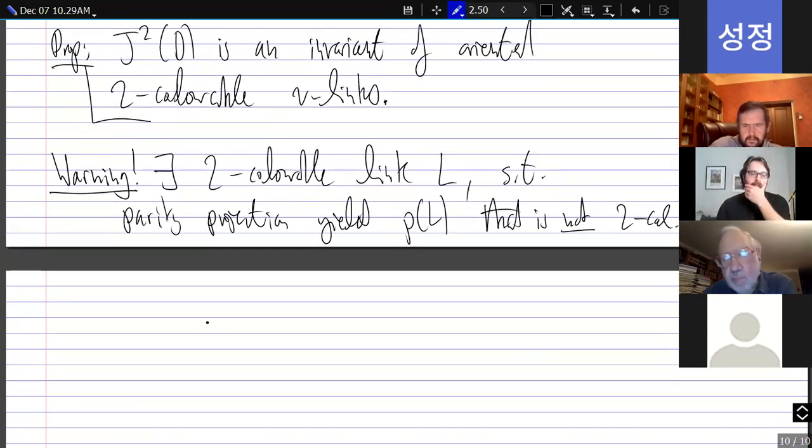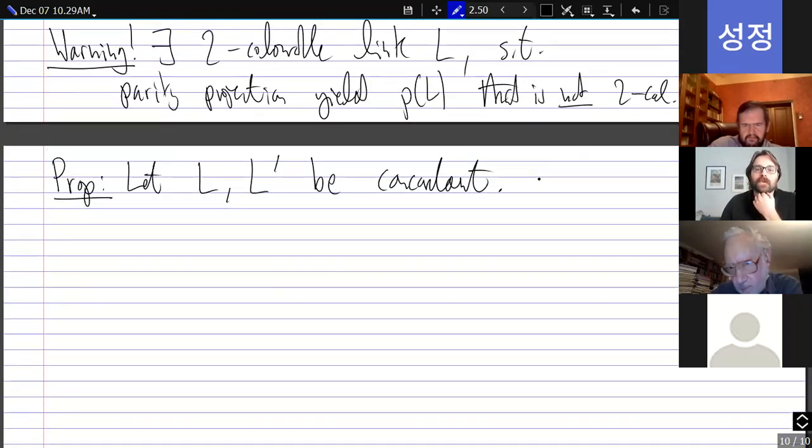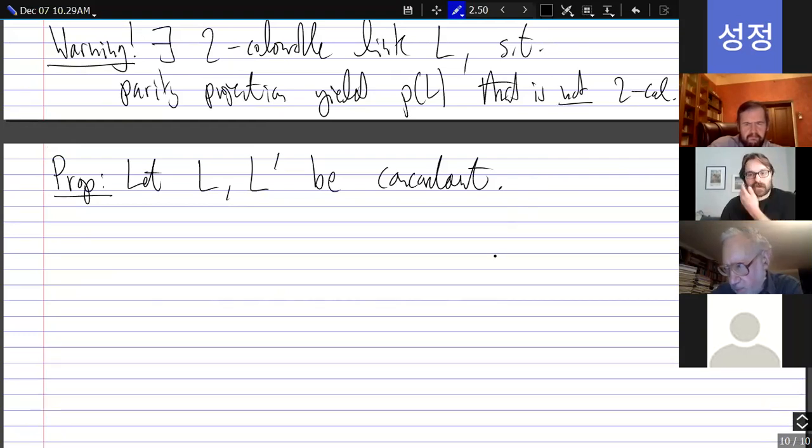And so I'll finish today by justifying the proposition that, let L and L prime be concordant virtual links. And here I mean concordant in the strong sense that each link component must bound its own cylinder.